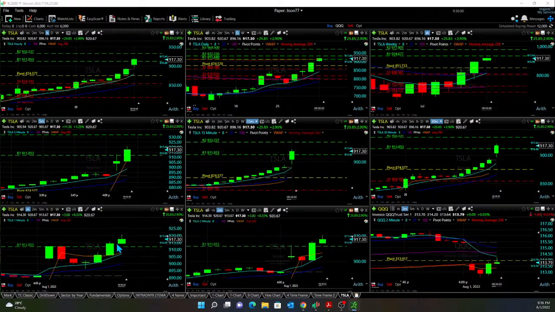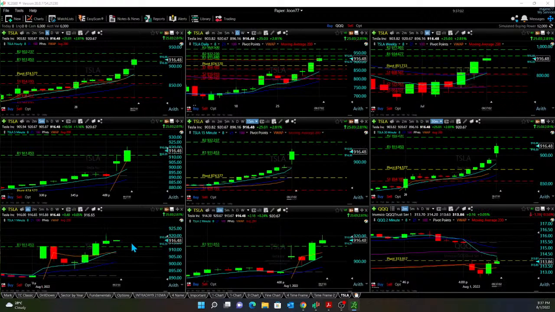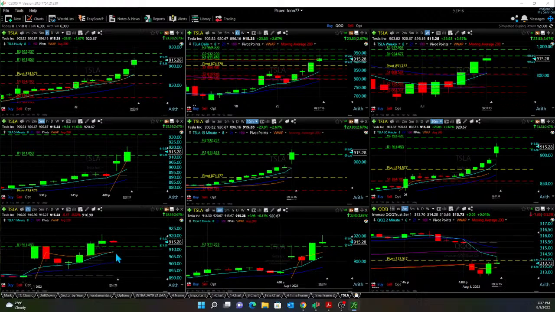Now we do want to keep on waiting for a setup, maybe a green takes red, or just market one, although we don't see anything here, so let's just let it flow and wait. We do have a red bar right here. It might hit R1 and then bounce back.